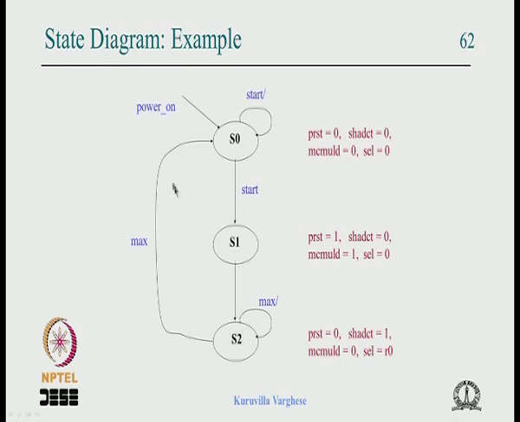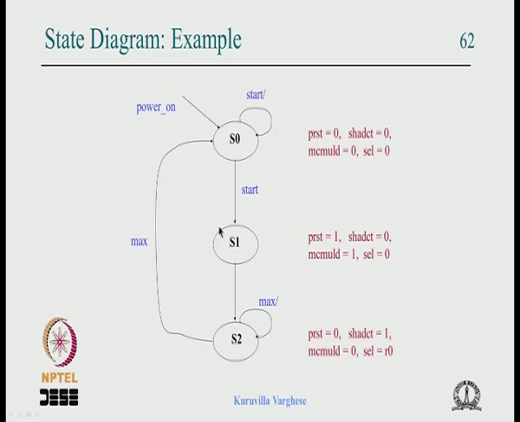So how does the next state logic look? At power on, the present state is 00 and input signals are there. When the start signal is 0, the next state is 00 itself, it remains there. When the start signal is 1, then the next state is 01. So looking at the state diagram you can write the next state table.